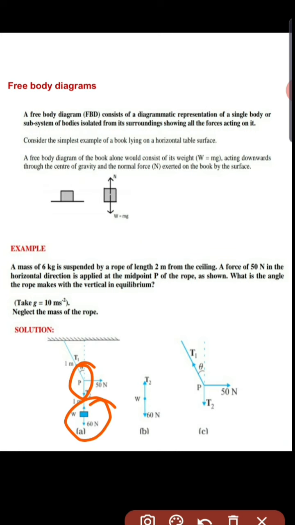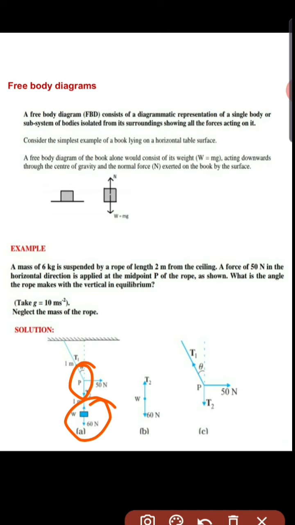Now our aim is to find that theta. How to find theta? We apply the concept we discussed earlier. In the case of coplanar vectors, we have to deal with the balancing of forces in two mutually perpendicular directions separately, or component wise the forces should be balanced.